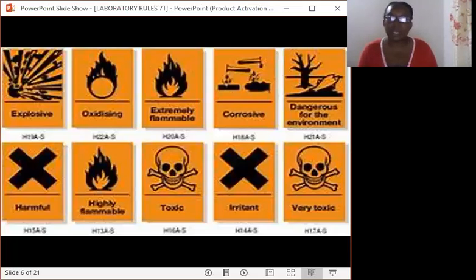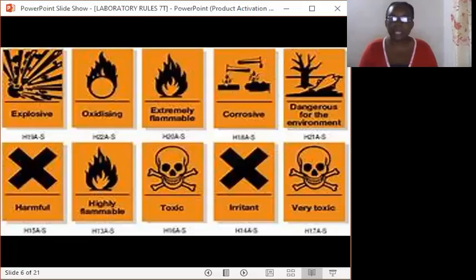As we see, the chemical in the middle bottom represents a toxic chemical. So these are some general label symbols that is good to know, so that when you approach them, you know how to handle them and you know that you need to stay clear of them if you're not wearing your PPEs or personal protective equipment.